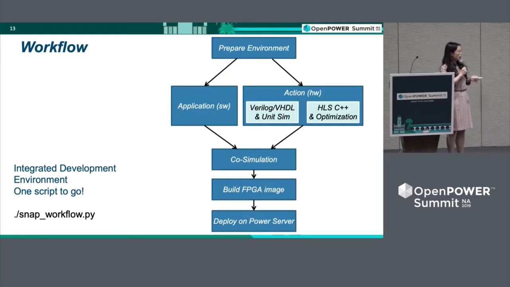The next thing is to build the FPGA image. In this step, you need to take care of the timing, the place, and the route. After the FPGA image is ready, you can deploy the application side and the image to the Power9 server.